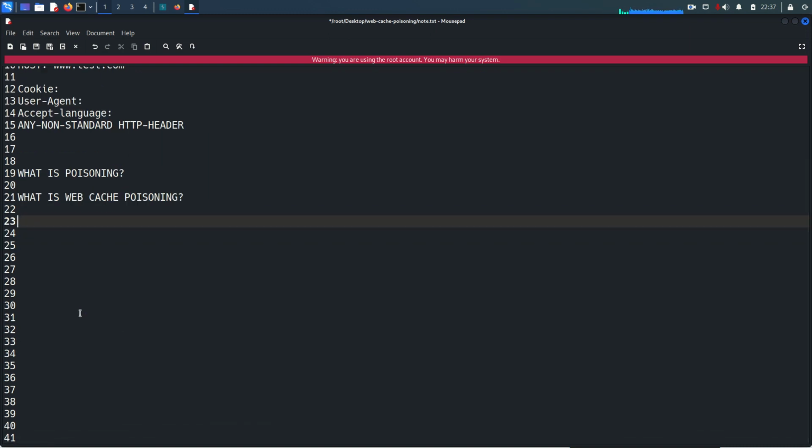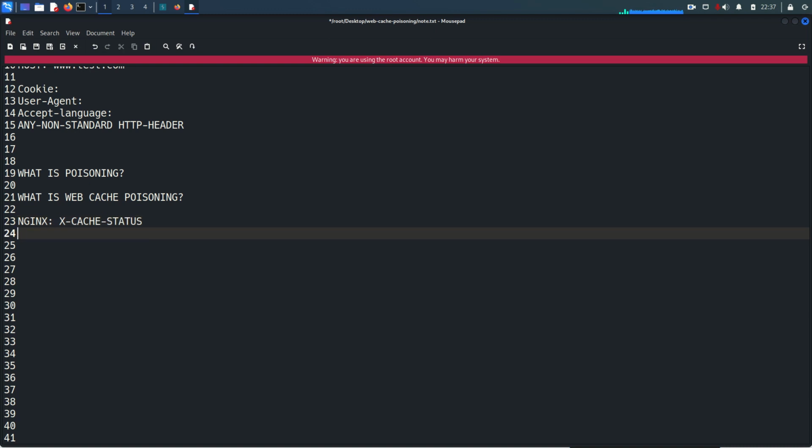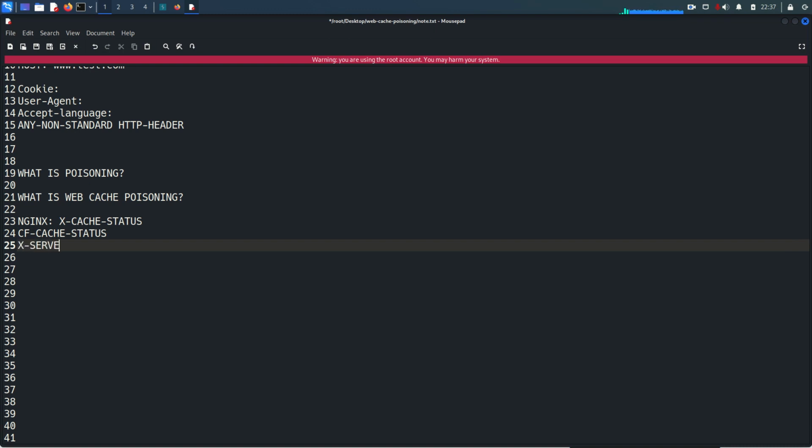If the server is configured on nginx, you will see X-Cache-Status. If Cloudflare cache is used, you will see CF-Cache-Status. Fine. And there are others also, like X-Served.